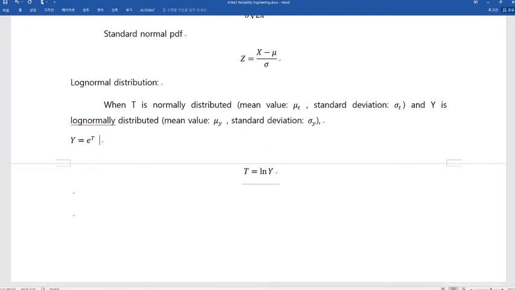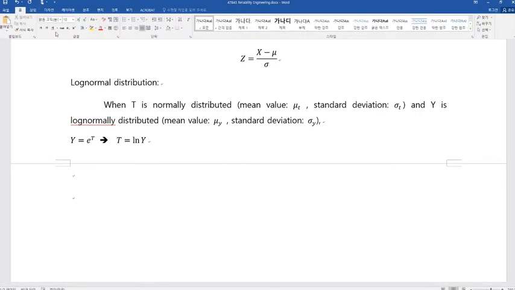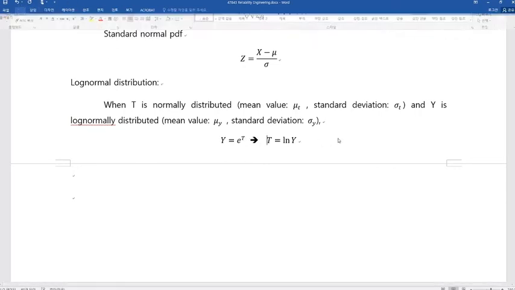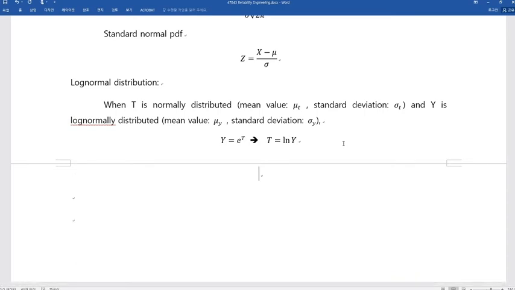So let's write it in this way. So instead, this is the relation between random variables.